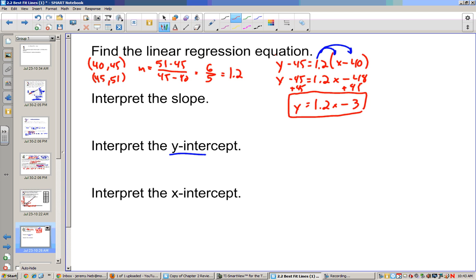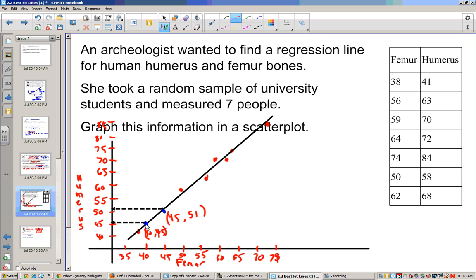So I would accept either of these regression equations for this first part. The slope, that's 1.2 in both of them. And to interpret that, we have to look at this. You go 1.2 in the y, so the humerus goes up 1.2 for every 1 the femur goes up.